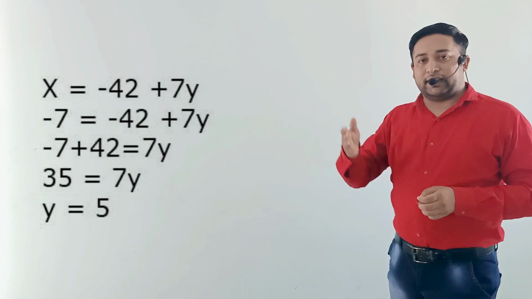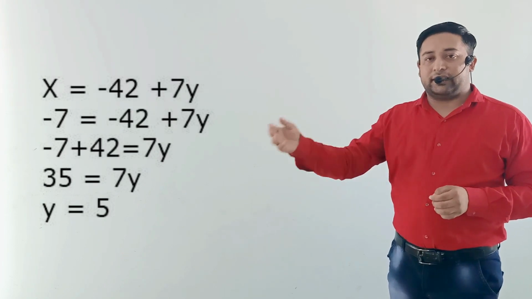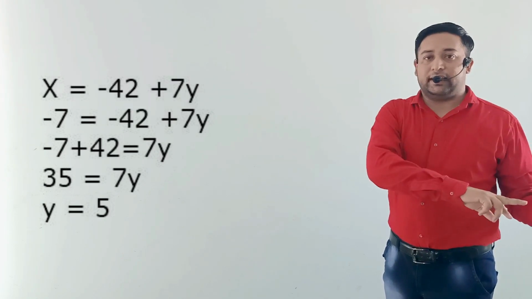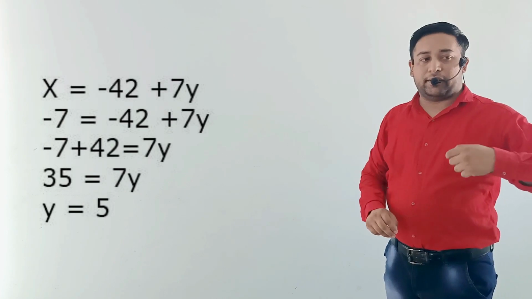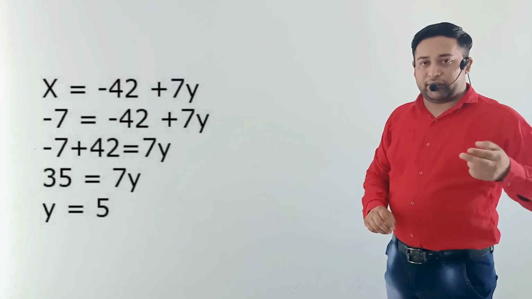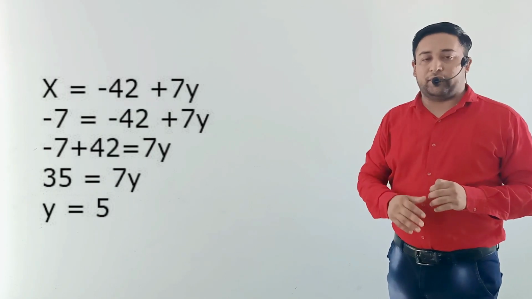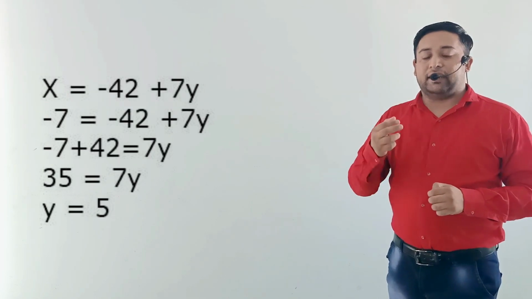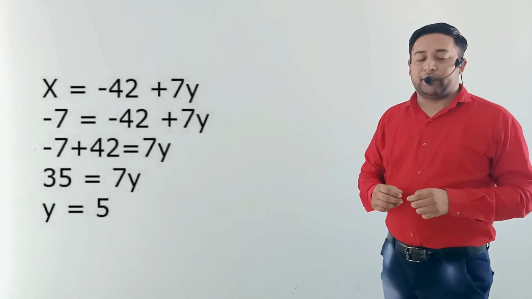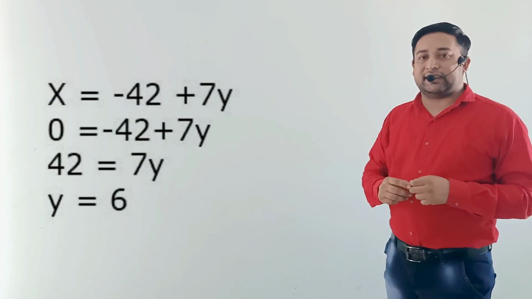Here it is in multiplication form, so on the other side it will divide. 35 divided by 7 is equal to 5. So when x is equal to minus 7, I get the value of y as 5.